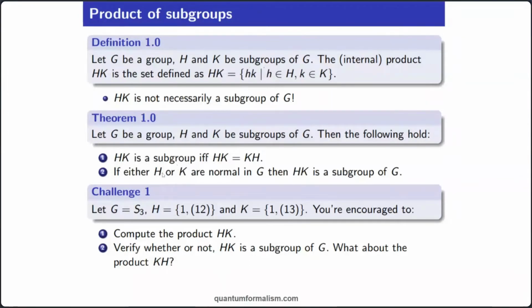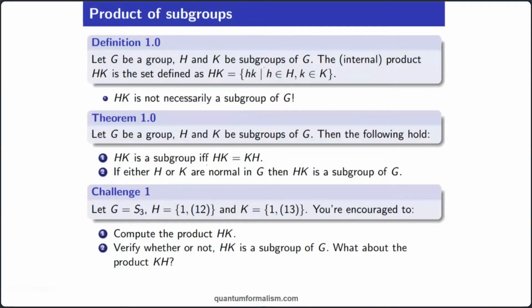If one of them is normal, then it automatically follows that their internal product is also a subgroup. You will see an example in the next slide or few slides where we'll integrate this part. But for the time being, I give you this challenge.